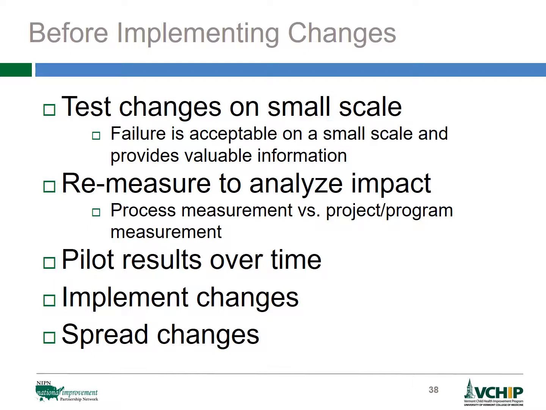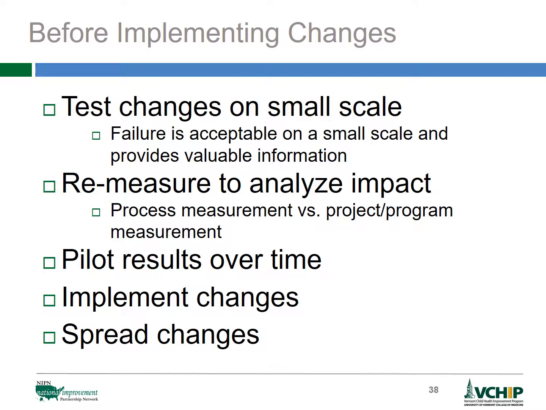And again, as you go to the next phase, doing that study and act to see what tweaks you have to make to your system. You want to be sure to continue to remeasure to analyze the impact. So say you started with that 1 provider, 1 patient, and you spread to 1 provider, 5 patients, and then 2 providers.